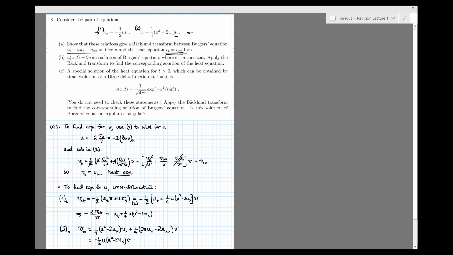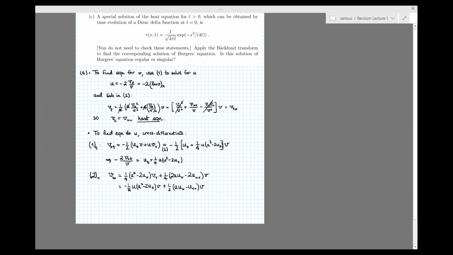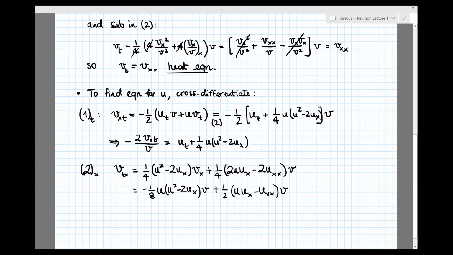And the second term is plus 1/2 (UUx minus Uxx) times V. So now again, I can bring V to the left-hand side, and so I get minus 2 Vtx over V is equal to, I multiplied by minus 2 so that I can compare with the expression above.